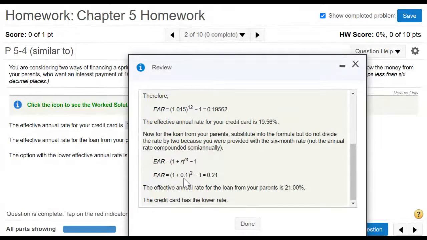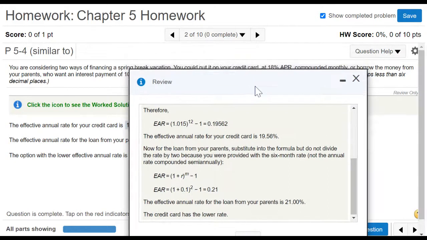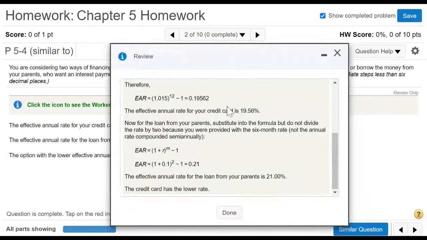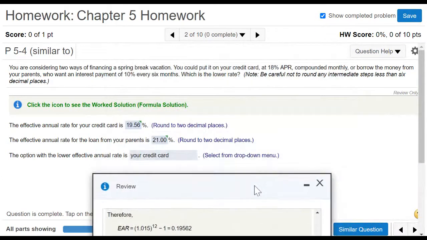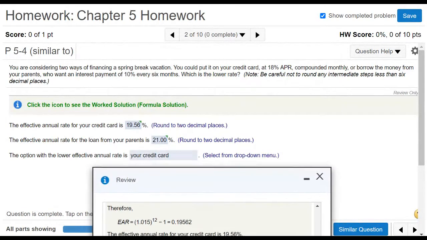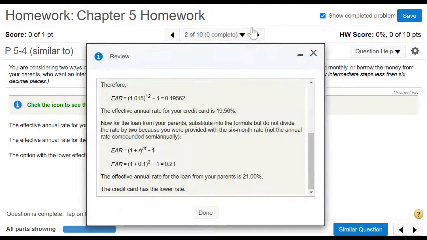So 1 plus 10%, the exponent of 2, which represents 6 months, minus 1, which is 21%. So it's better for you to use your credit card than to borrow it from your parents. That's what this is saying.